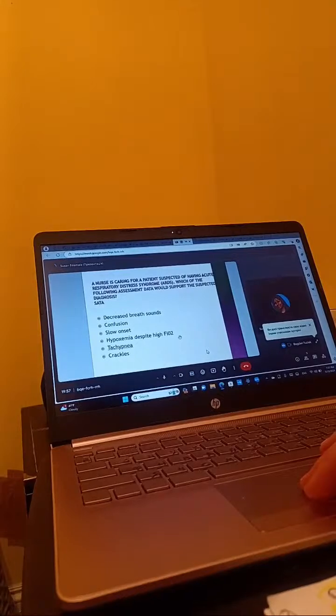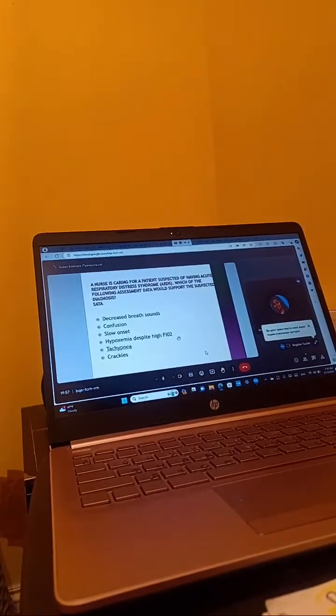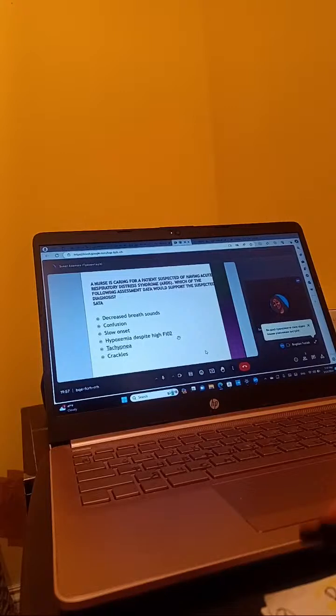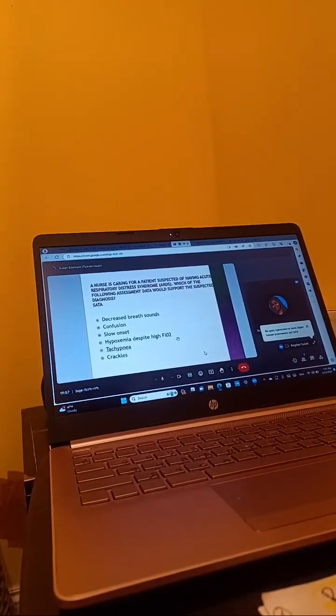Yes, the saturation is low. You are giving a lot because the patient is in distress, but the patient's saturation is not coming up. So this is hypoxemia: hypo means low, oxy means oxygen, and emia means in the blood.